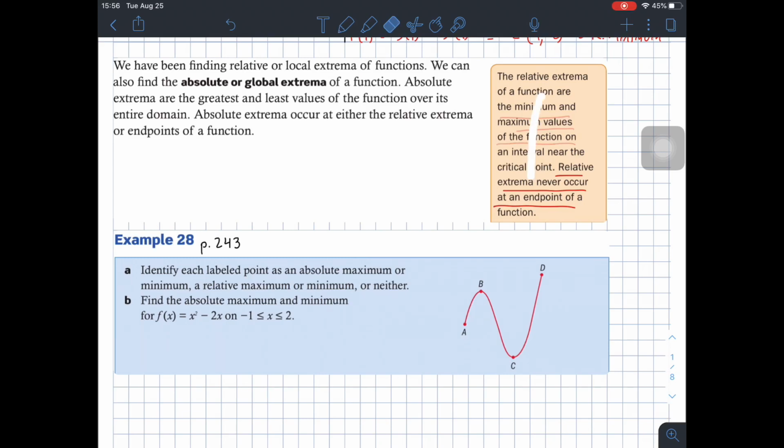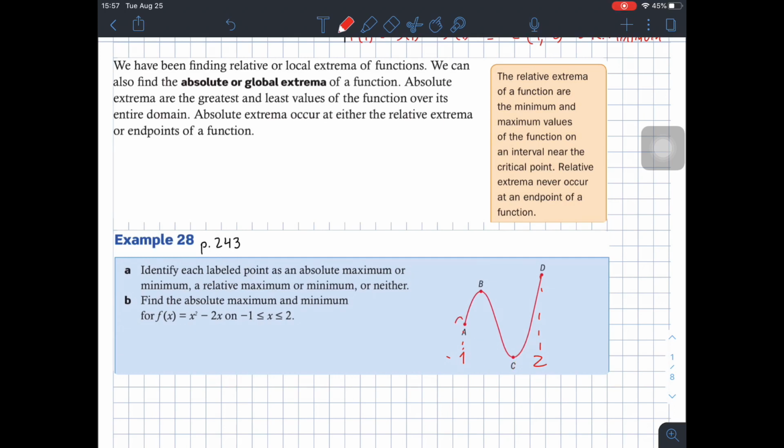Okay? So basically, if you're asking yourselves what endpoints are, the endpoints of a function are points where the domain ends. For example, for this function over here, we have from -1 to 2, and this means that -1 is right here in x, and 2 is over here for this point. So that means that the function is graphed from -1 to 2 in x.